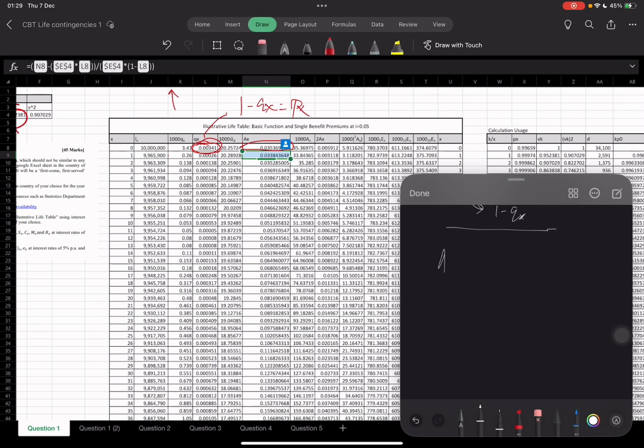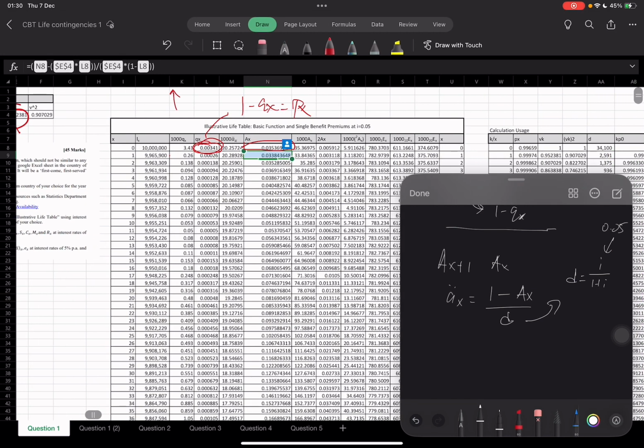And when we have Ax plus 1 or Ax, we can get the APV of annuity of x with this formula. D is I over 1 plus I. The I we use here is 0.05.